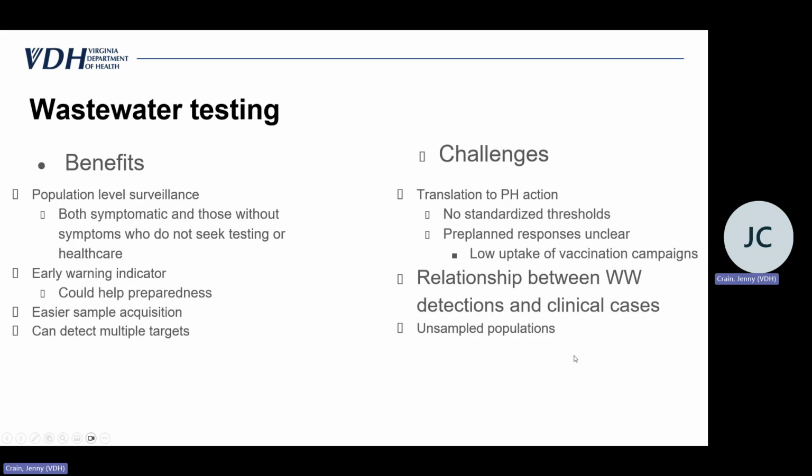But again, this is dependent on how cooperative the public is with taking those vaccinations. And so, in the end, did it really help us to reduce the number of cases in that community? I don't know.